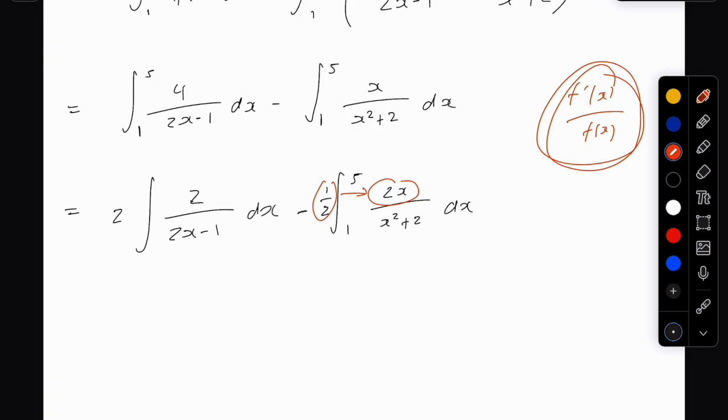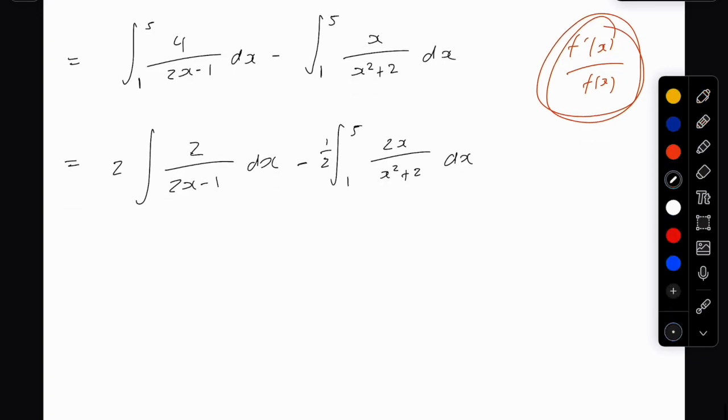So we haven't really changed them. We've manipulated the fractions, but we haven't changed them, and we've got them in the form of f dash of x over f of x. So from here you can just roll with it.